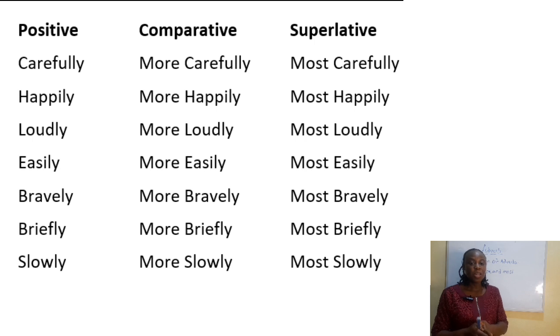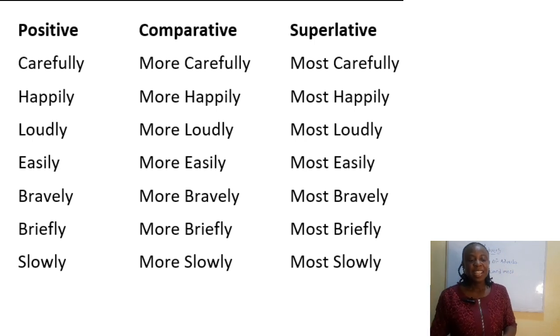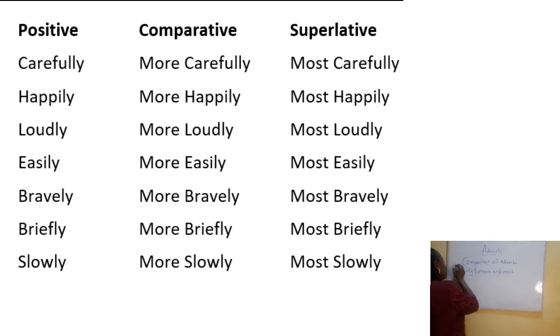Easily, more easily, most easily. Bravely, more bravely, most bravely. Briefly, more briefly, most briefly. Slowly, more slowly, most slowly. This is the first part of forming the comparison of adverbs.